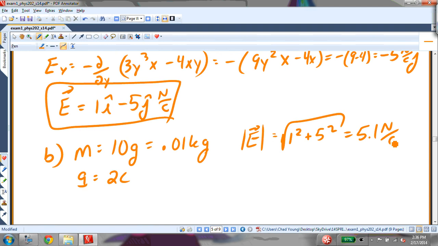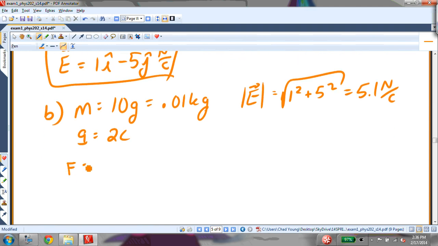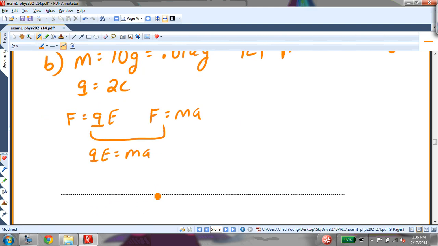And, okay, so now we want to know the acceleration, but I know that F is equal to QE. I also know from Newton's second law that F equals ma. So I can equate these two and get QE equals ma. So a equals QE over m. 2 coulombs, 5.1 newtons per coulomb.